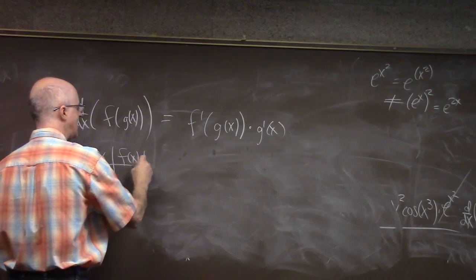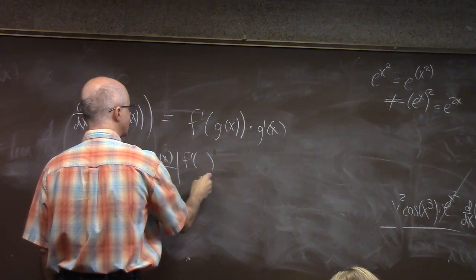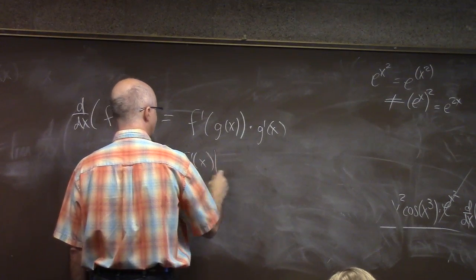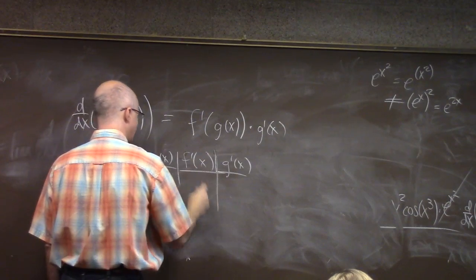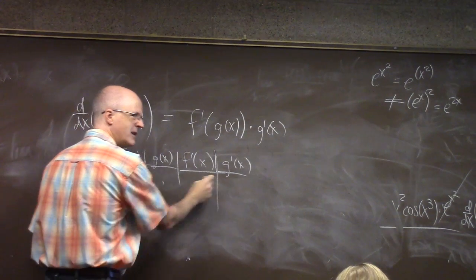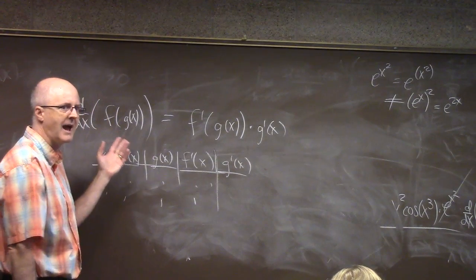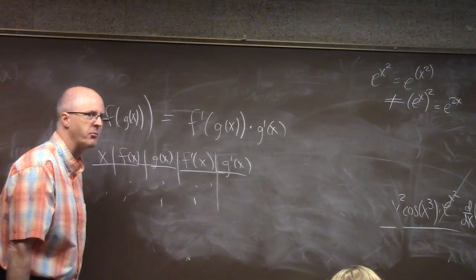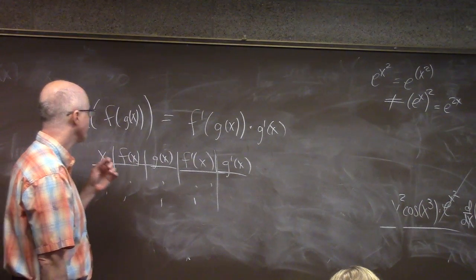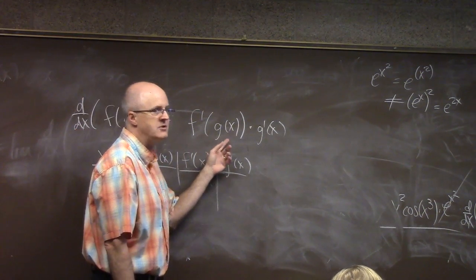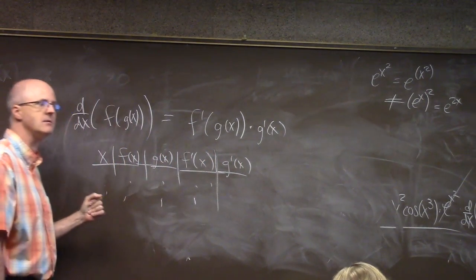If I gave you a table of appropriate values of these things, I'm not going to bother coming up with an example. You should be able to find the derivative of this at some number x if I give you appropriate information, which would include knowing what f prime of g of x is, for example. You'd have to be able to tell that from the table.